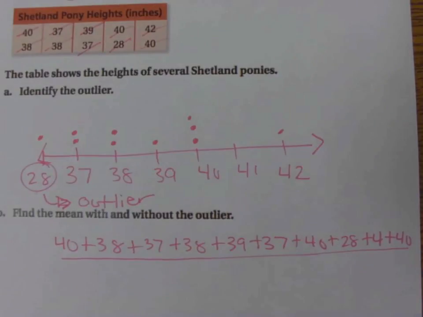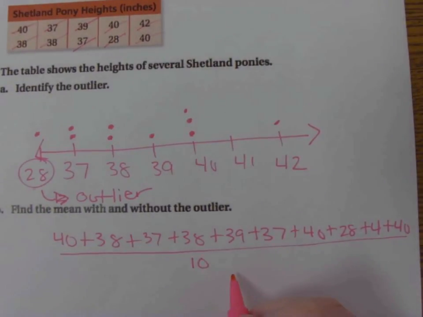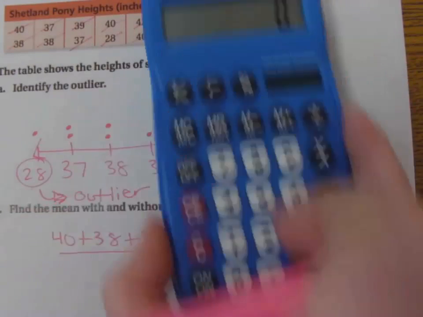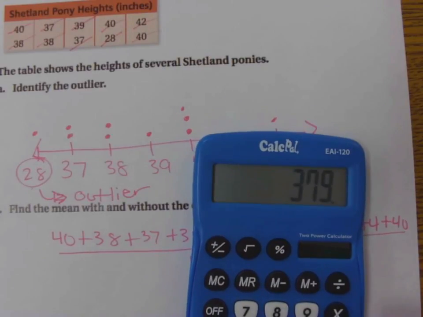I'm going to go ahead and figure out what this mean is. We add all these together, 40 plus 38, and so on.